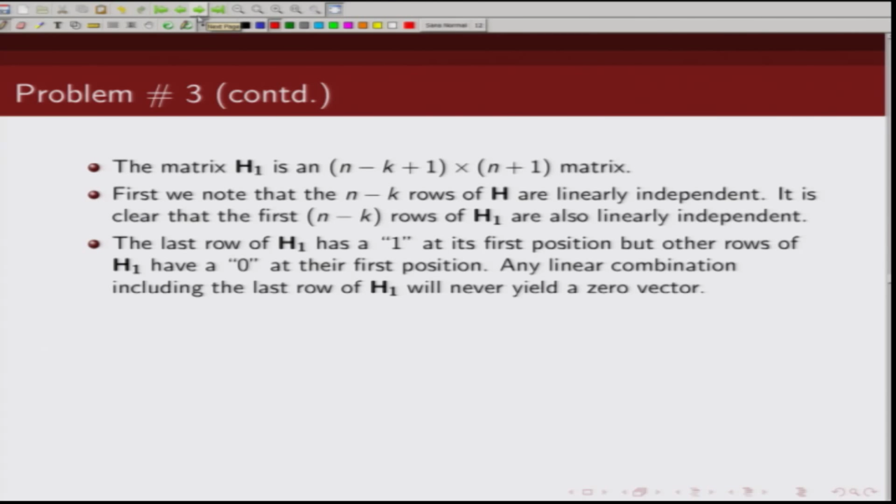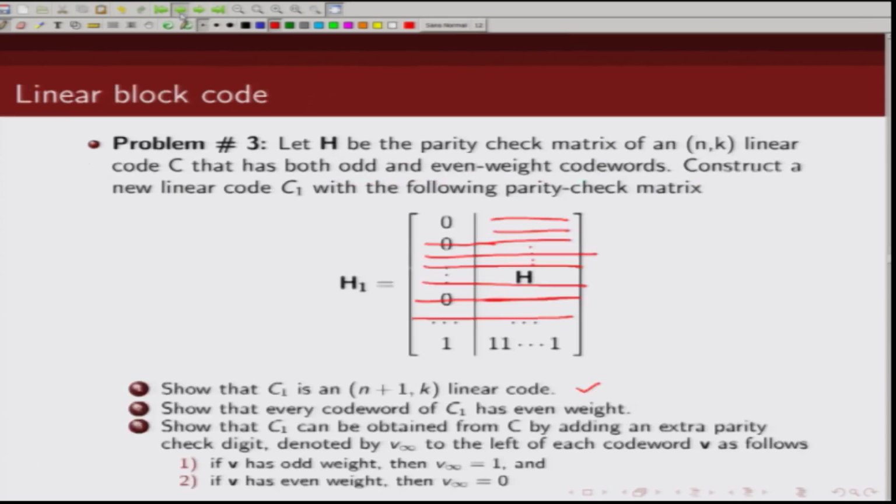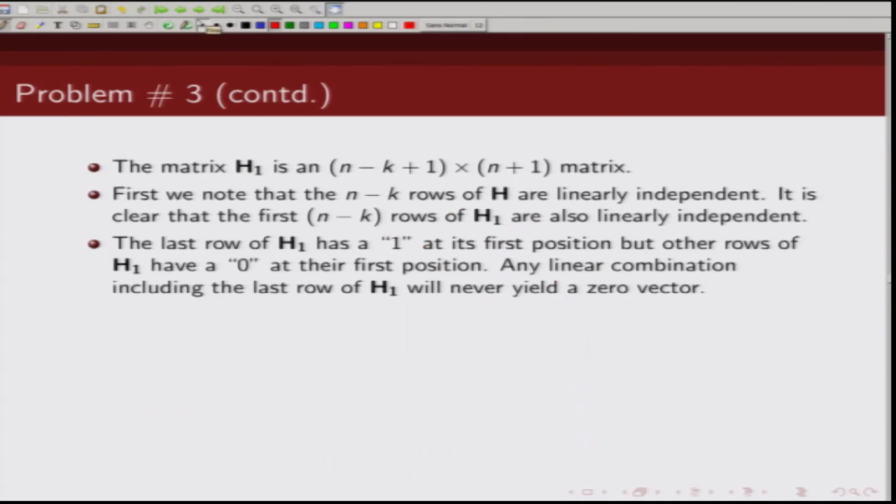Now, let us look at the last row of this new parity check matrix H1. Note that we have a 1 here and these are all 1s here, whereas here all of these are zeros. So, this new row will also be linearly independent from any of the other rows of this parity check matrix H1.